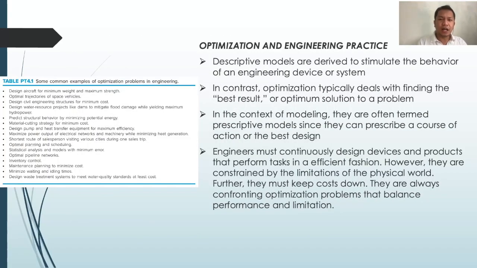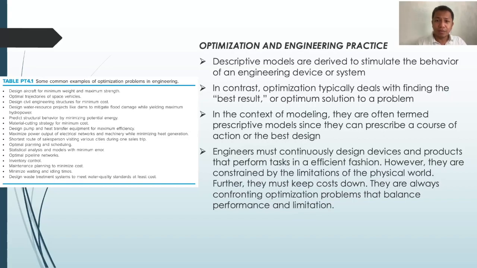So these are some common problems or examples of optimization in the engineering field. In engineering practice, most of the time we use descriptive models. Descriptive models are derived to simulate the behavior of an engineering device or system.